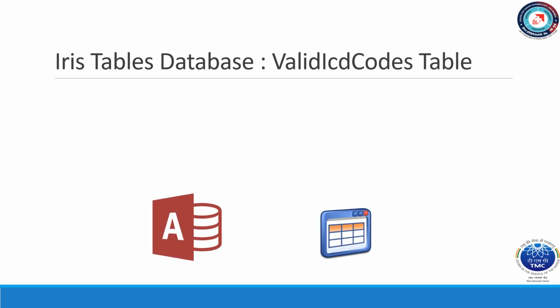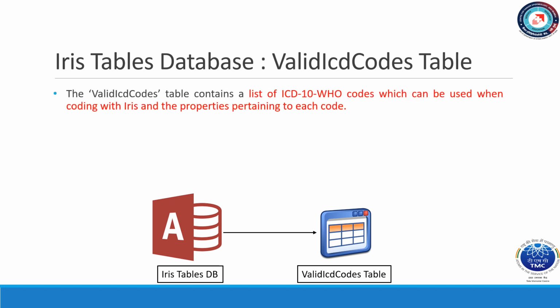Coming to the next table in the IRIS tables database is the valid ICD codes table. It contains a list of ICD-10 WHO codes which can be used when coding with IRIS and the properties pertaining to each code. IRIS uses only valid ICD-10 WHO codes and created codes.